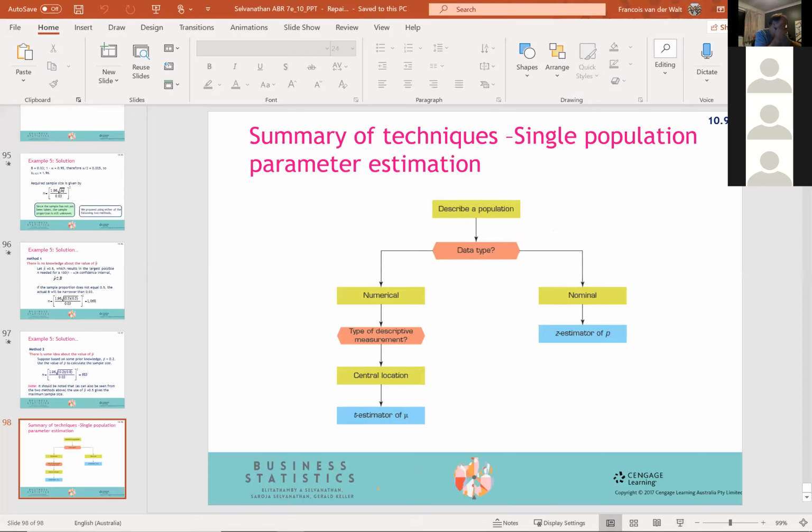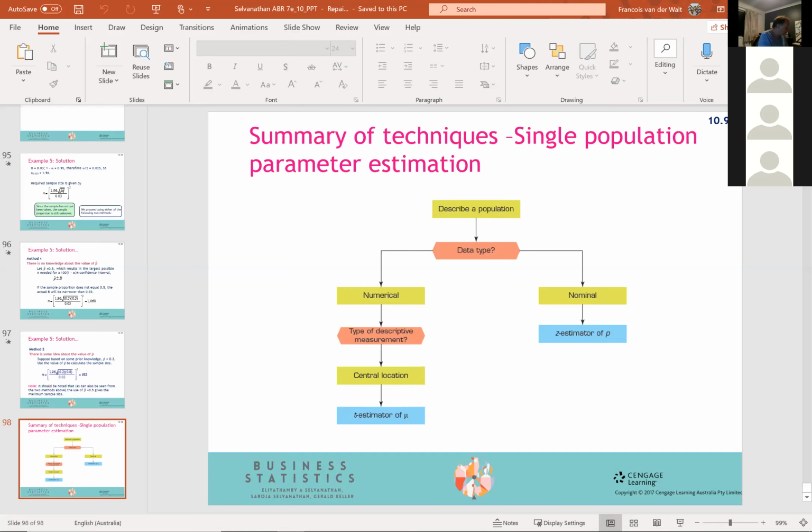Chapter 10, sorry. Chapter 10, the important ones are 10.1 and 10.3. You're making notes. Yep. 10.1, concepts of the estimation. We're not doing 10.2. 10.3, estimating the mean when the variance is unknown.